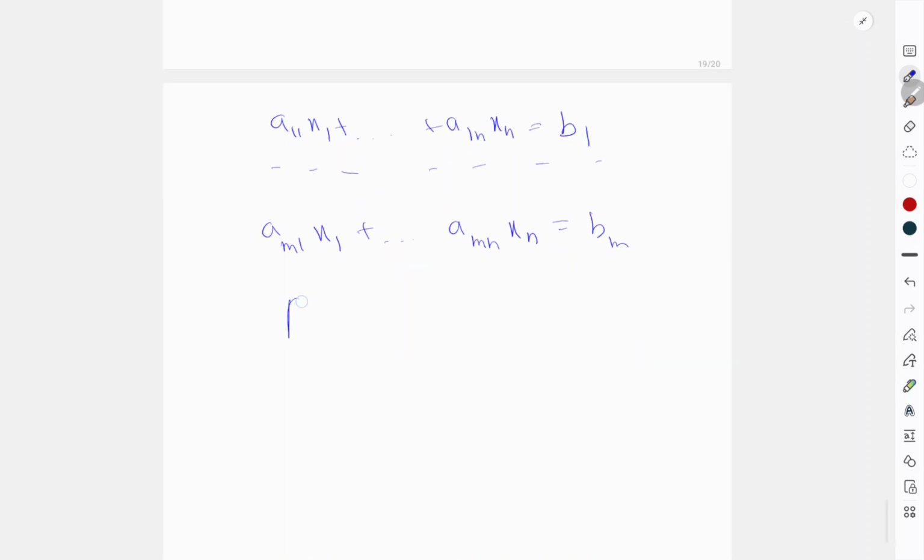So you have this in the form Ax equal to b, which we have already discussed, where x is an n cross 1 matrix, A is an m cross n matrix, and b is an m cross 1 matrix.